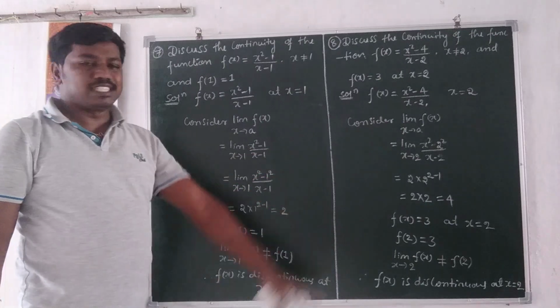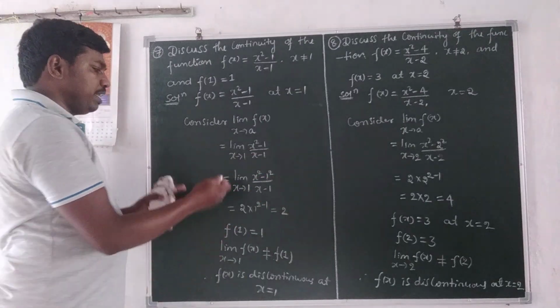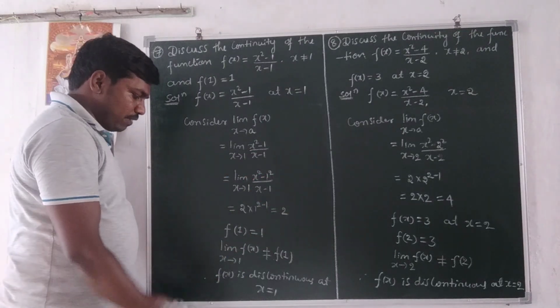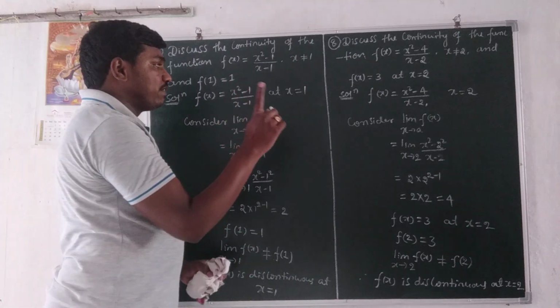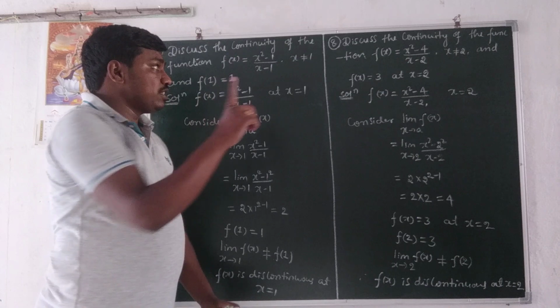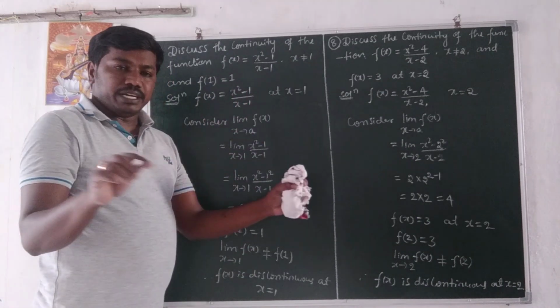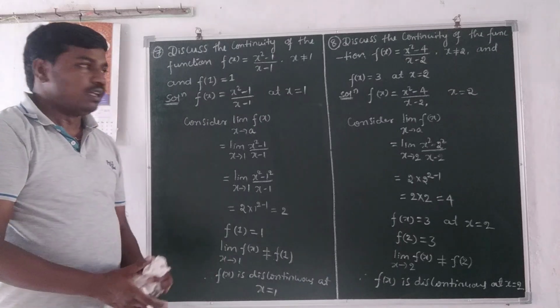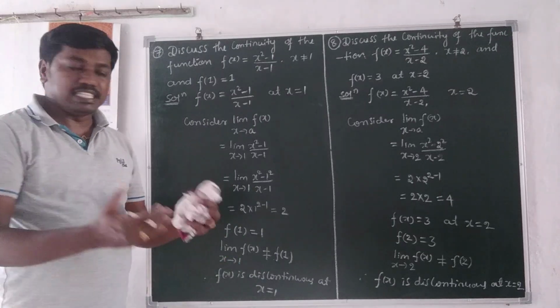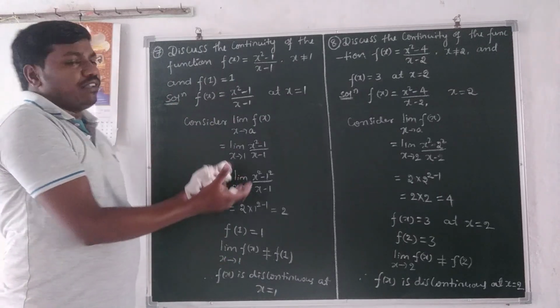So both the functions are discontinuous. How many points of discontinuity? Only one point of discontinuity. At x is equal to 1 alone it is discontinuous, at every other point it is continuous. Write the number of points of discontinuity of f of x.